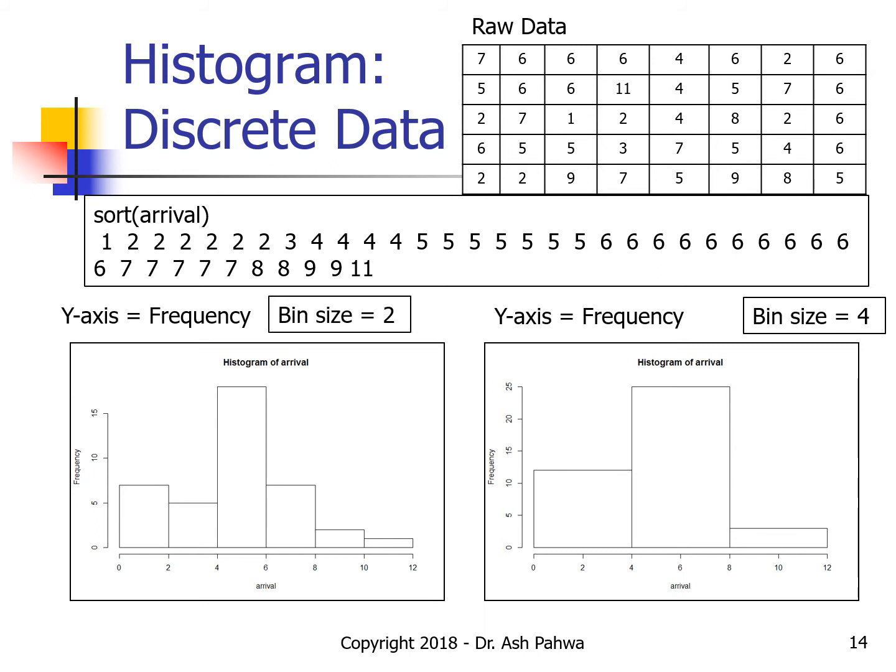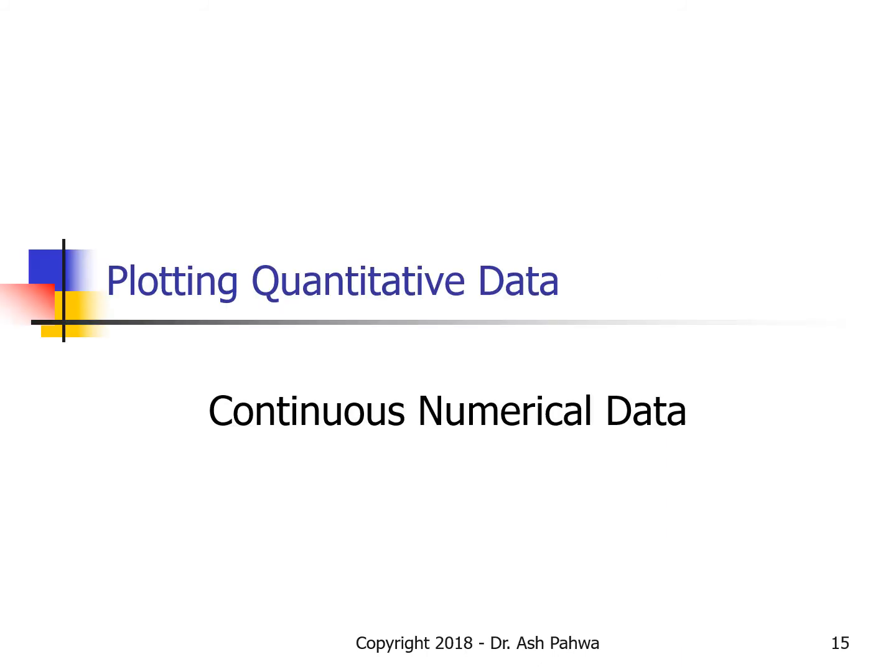So, in this category of 0 to 4, now we have 12. Similarly, we can count these things from 4 to 8 and then from 8 to 12. So, as you can see, if the bin size changes, then the shape of the histogram will change.